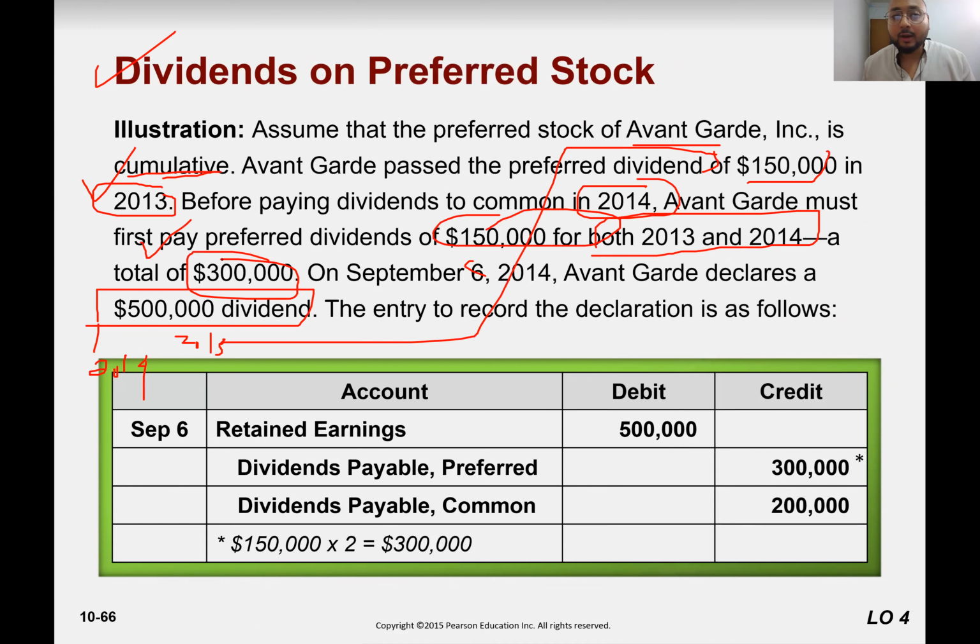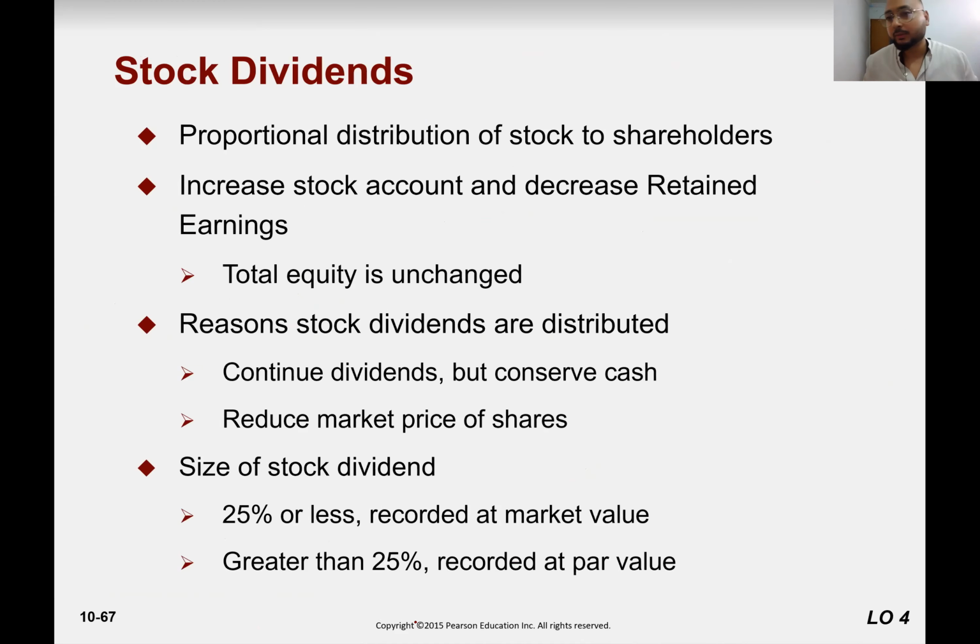Total 300,000 belongs to preferred stock, and the rest of the 200,000 belongs to common stock. So the entry is going to be, when you declare the dividend, retained earning to common stock and preferred stock, right? And when you pay the dividend, then dividend payable to cash, right?